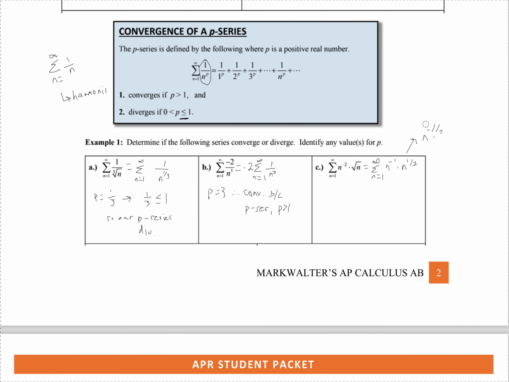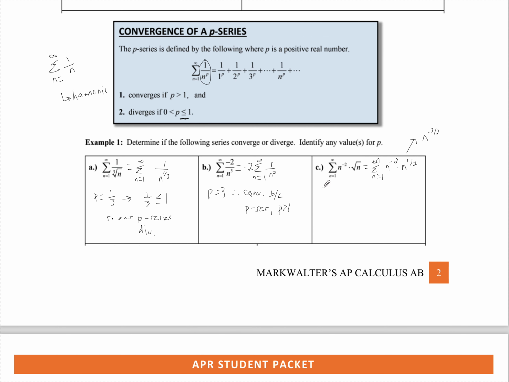It's not n to the negative half, because I wrote a number down wrong. That should be -2. So adding these together, -2 plus half, if we're the same base, we can add the exponents. That'll be -3/2. If you have trouble with the fractions, write it out. -2 is -4/2 plus 1/2 gives us -3/2.